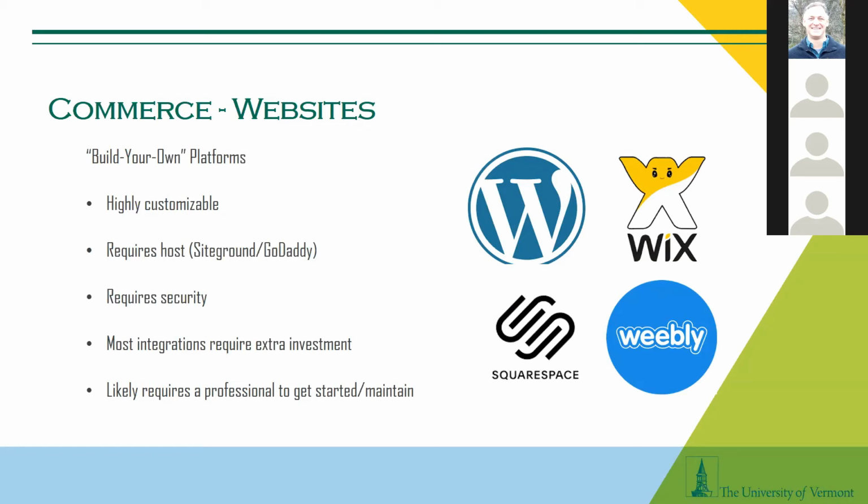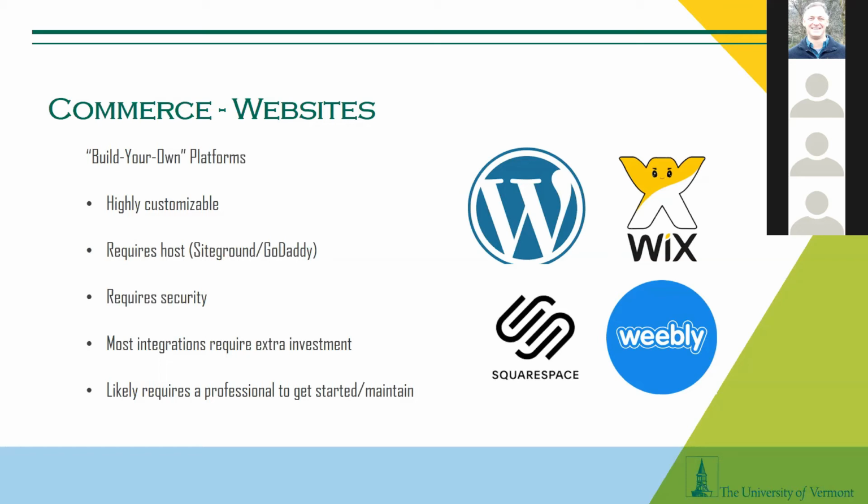I find that with Wix and Weebly, farmers and producers have had some problems really figuring them out. WordPress is open source software, and it's highly customizable. And I find that a lot of farmers, especially this past year with breaking out on their own and getting online, have had success with WordPress.